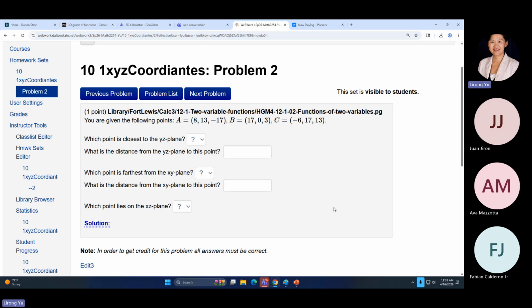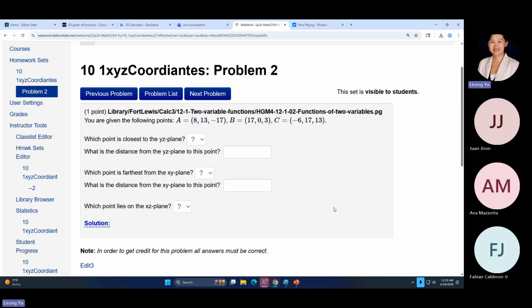So what is the distance from any point to the YZ plane? That distance is not related to y or z, it's related only to the x value, right? For example, for the first point A, the distance from this point to the YZ plane is the x value. So it should be 8 units, because the whole YZ plane is x equals 0.